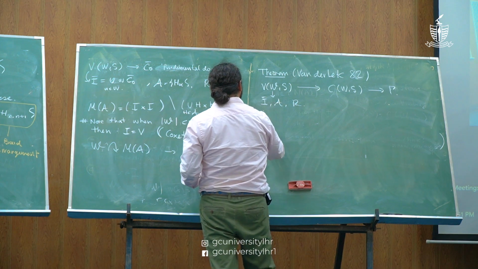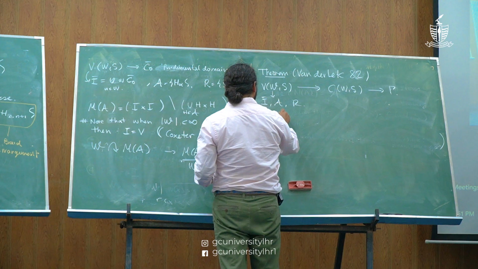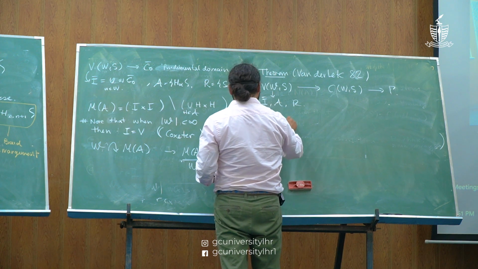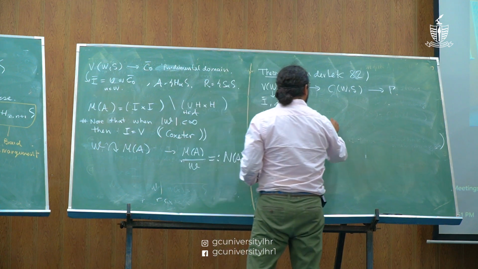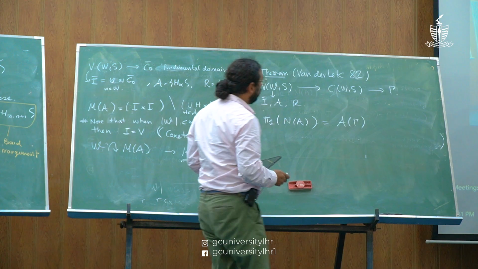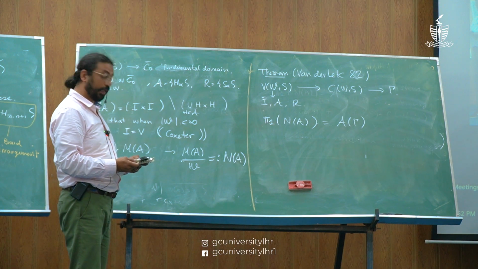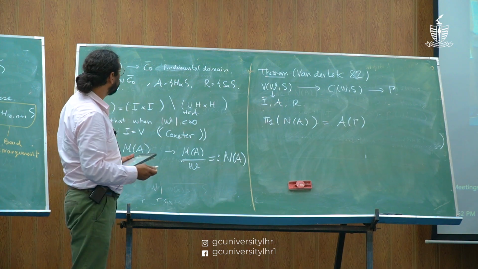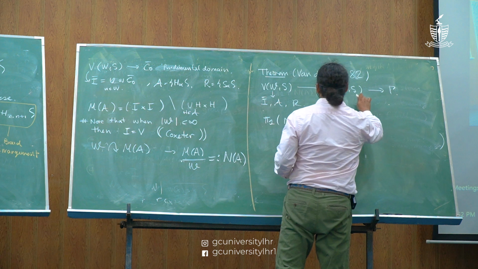The theorem of van der Lek says that the fundamental group of NA is the Artin group of the Coxeter system that we have.